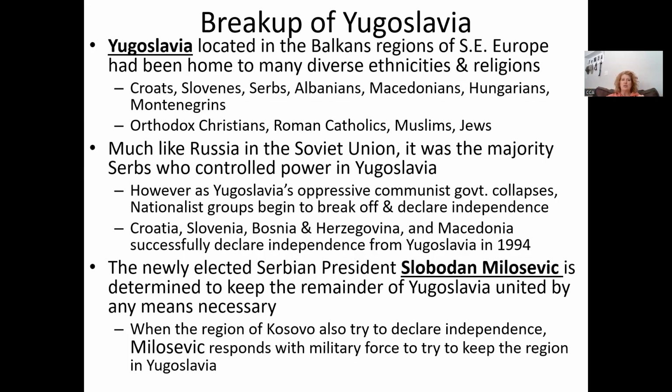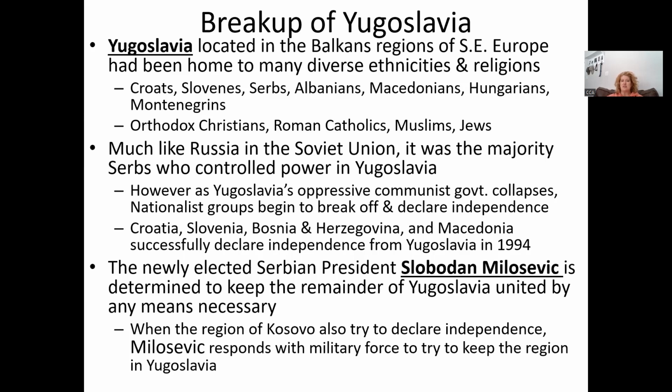Well, in Yugoslavia, it was the Serbs who were like the Russians. They wanted to have the majority of the control. So as the oppressive government collapsed, the nationalist groups want to break off and declare independence.